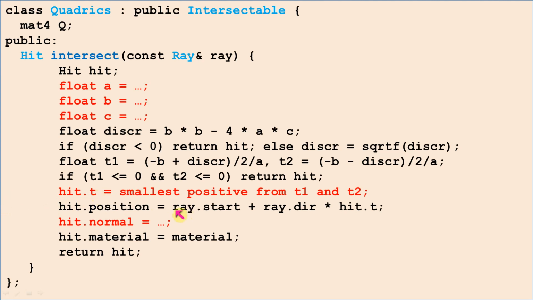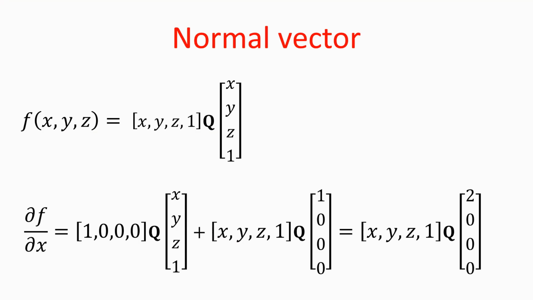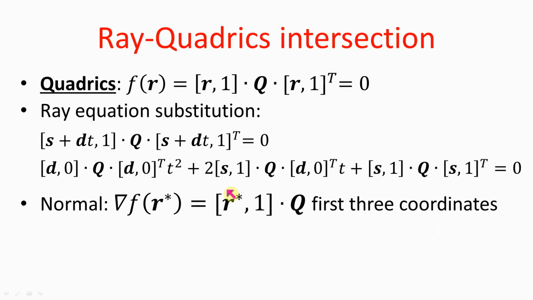And this is going to be the ray parameter associated with the intersection. If this is available, we can substitute this parameter into the equation of the ray. So we have the position in Cartesian coordinates of the intersection and the normal vector is obtained as the gradient, as this formula.